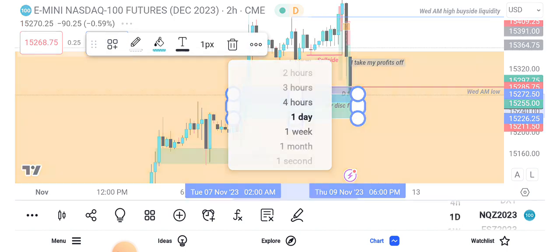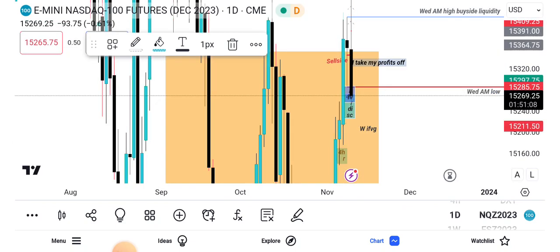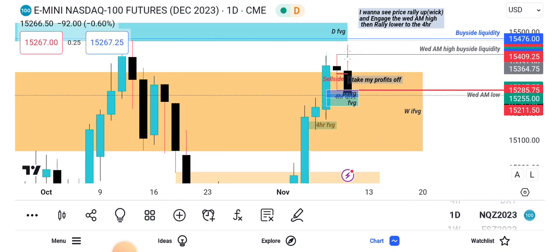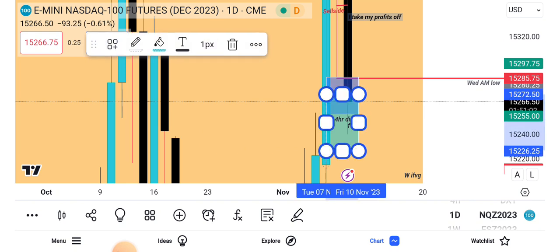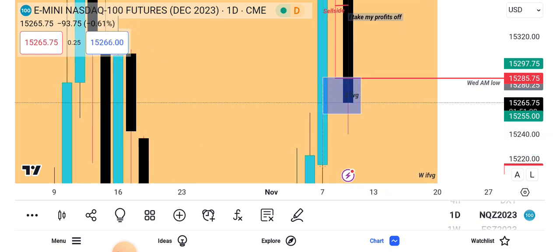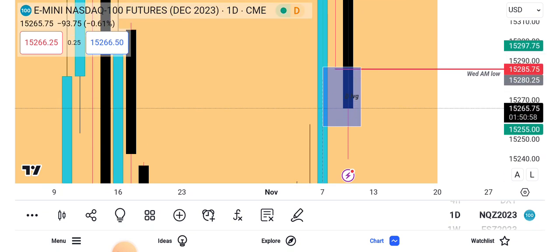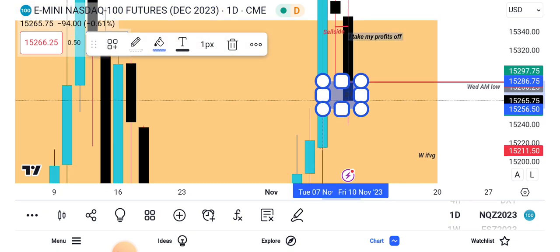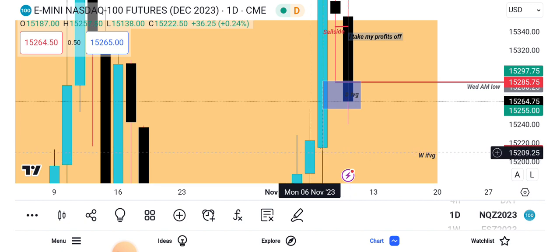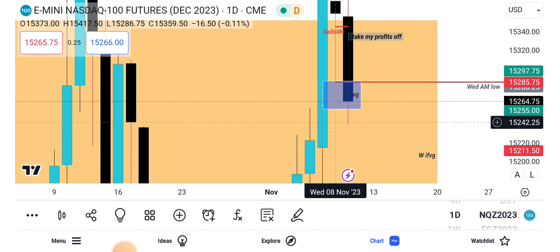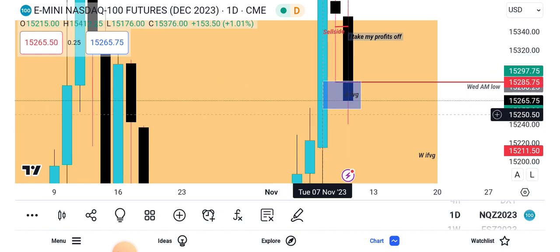Let me take you to the daily chart. I guess it's kind of clear. Let's delete the 4 hour fair value gap to have a clear view of this daily fair value gap. Here we have Monday's candle low, Monday's candle high, and on Wednesday the candle low created a fair value gap there.